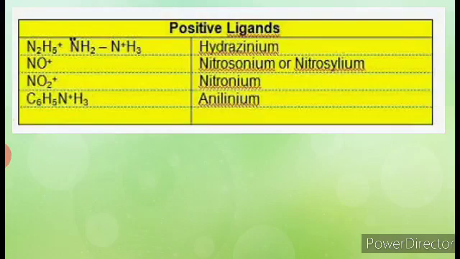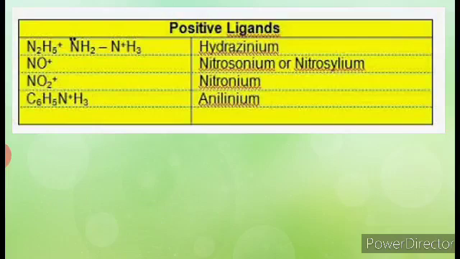Now the second category. We had seen 3 categories, if you remember: monodentate, polydentate and ambidentate. Out of them, the first category we have discussed, that is the monodentate ligand. Now we will go for the second category, the polydentate ligand.